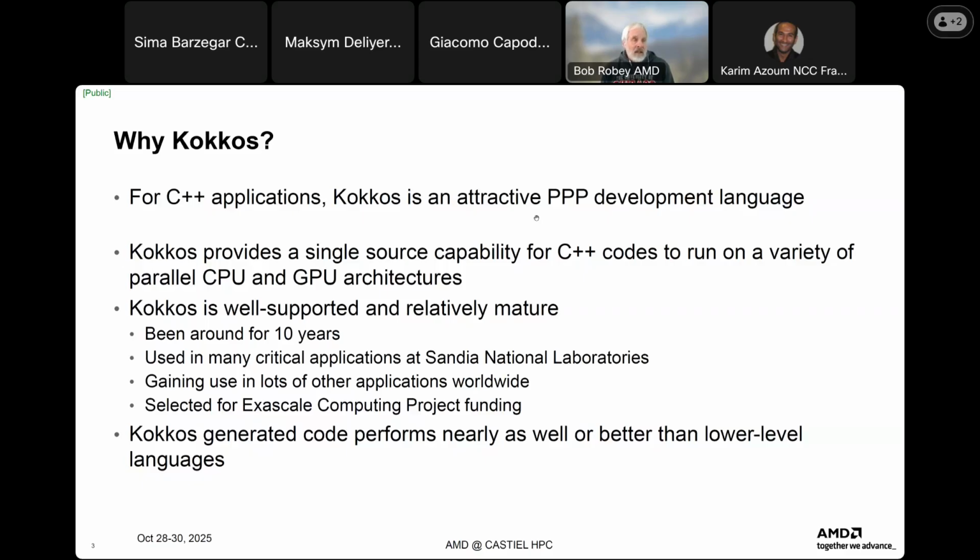In fact, for codes that have been using Kokkos, when the AMD GPUs came into play at Oak Ridge and other places, the application code teams did not have to do anything. Kokkos just implemented it and it worked.